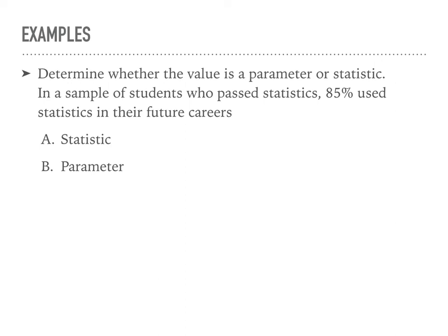As we think about this one, the difference between parameter and statistics is based on whether it comes from a population or from a sample. Here we're told it's from a sample. It specifically says in a sample of students. Therefore, we know it's a statistic.